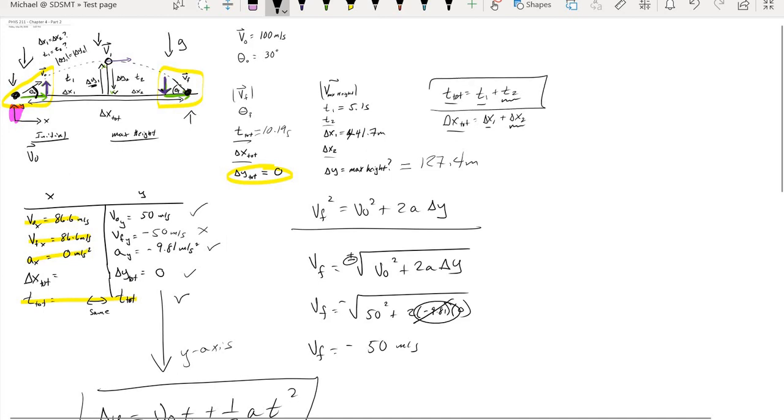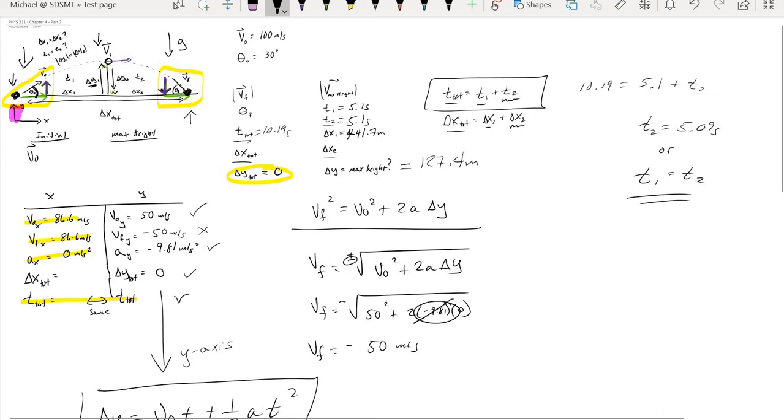And if we plug that in here, that has to equal time 1, which is 5.1, plus time 2, which means that time 2 has to be 5.09 seconds, or, given that I probably have a little bit of a rounding error in there, the time for the first segment of our journey is in fact equal to the time of the second segment of our journey.